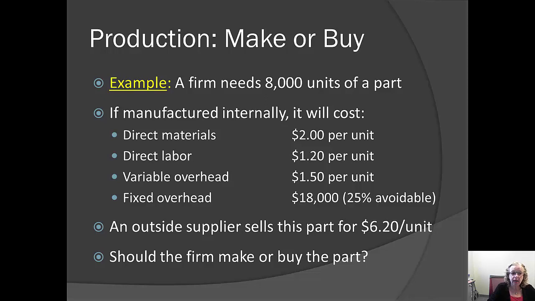We're also told that out of all of the fixed overhead, 25% of it would be avoidable if we choose not to make the component. An outside supplier has offered to sell us this part for $6.20 per unit. So the question is, should the firm make the part or should they buy the part instead?